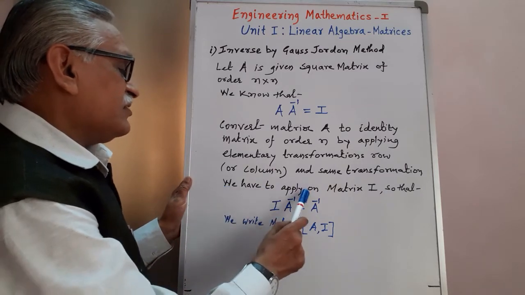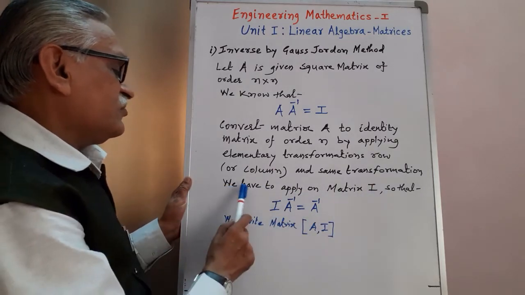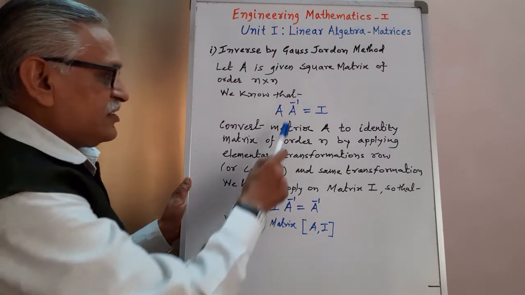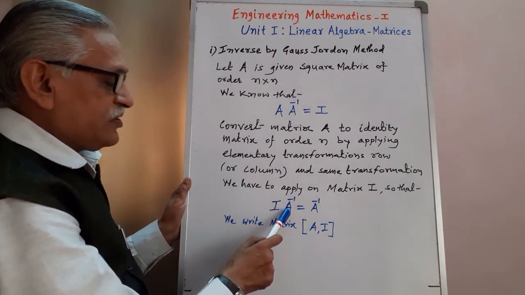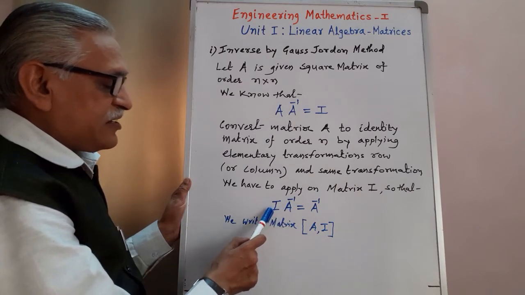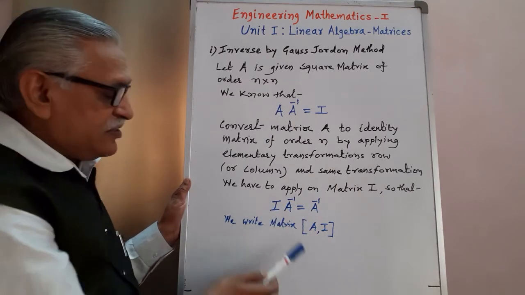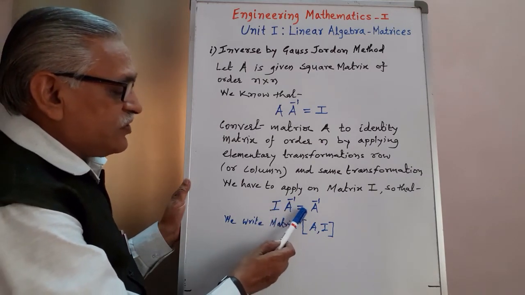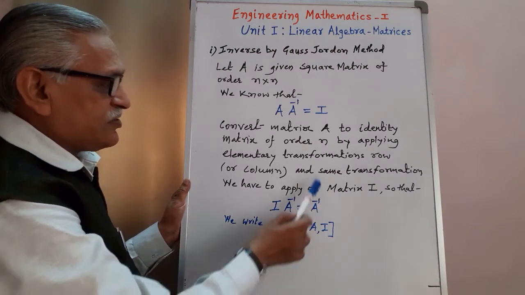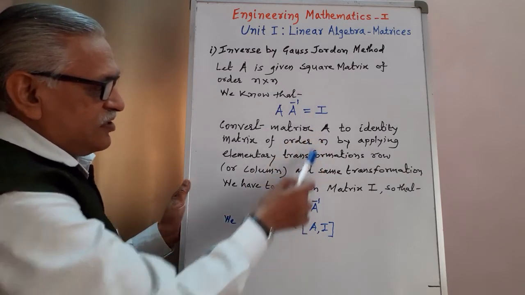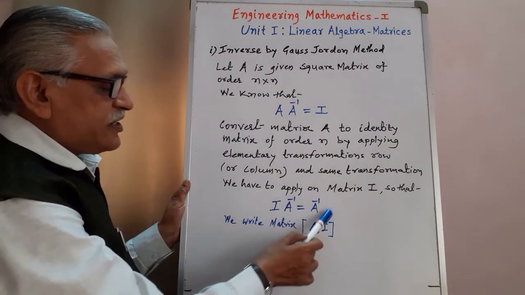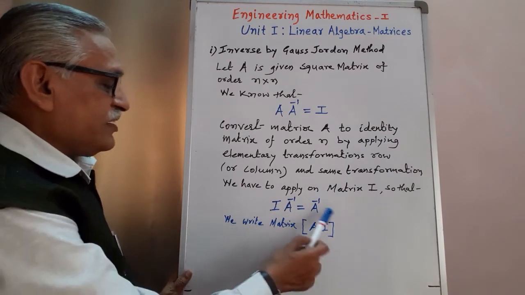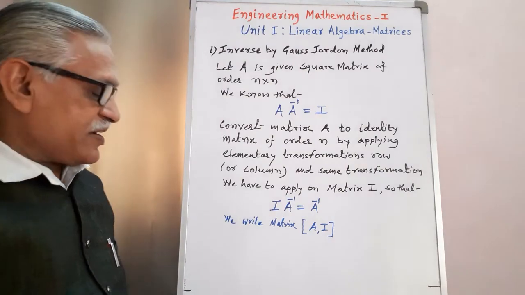And thereby we get I, this matrix A is converted to identity matrix multiplied by A inverse. Any matrix multiplied by identity matrix, we get the same matrix. By that property, we get I into A inverse is equal to A inverse. Means this identity matrix from right hand side is converted to inverse matrix, and therefore by this way we can find the inverse of matrix.